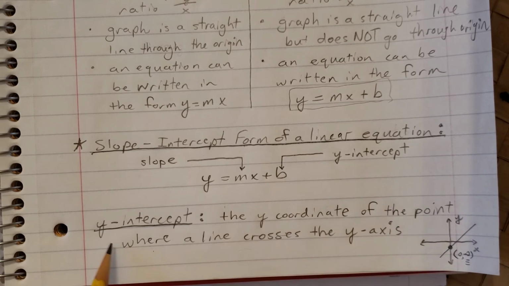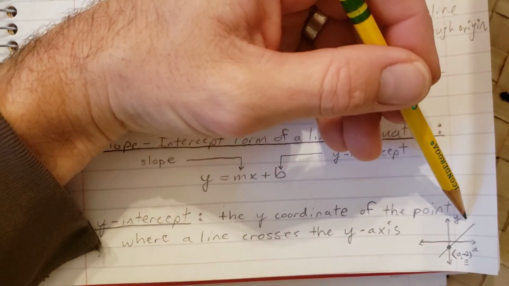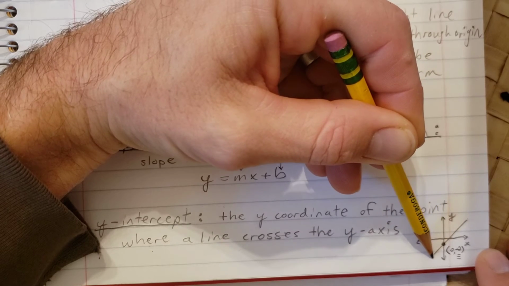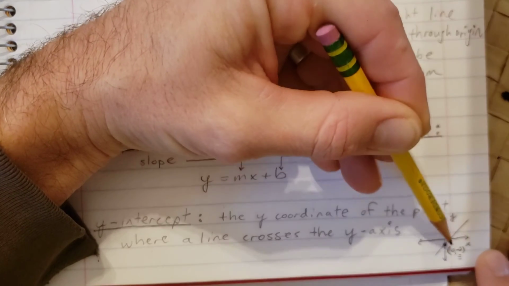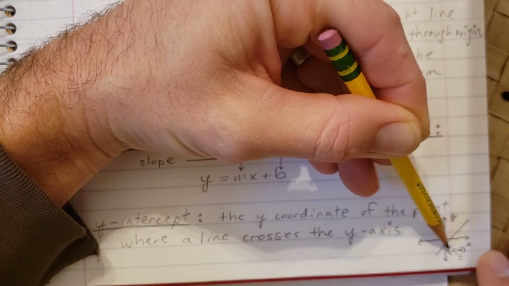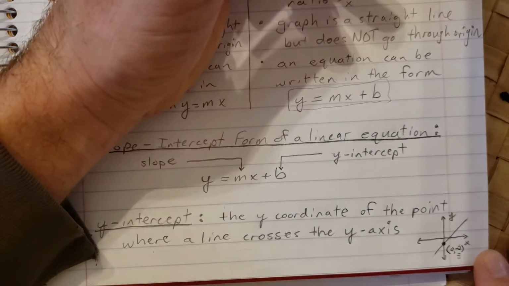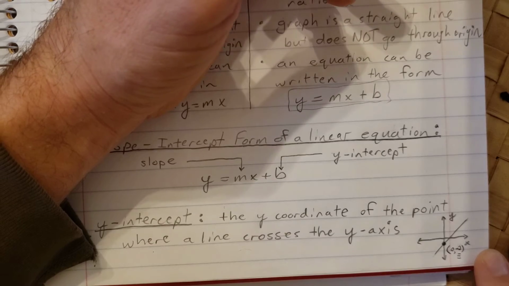Well, what is a y-intercept? Y-intercept is the y-coordinate of the point where a line crosses the y-axis. This is a super tiny drawing, but you get the point that when this line crosses the y-axis, this point here, if we look at the y-coordinate, the second coordinate, that is our y-intercept.